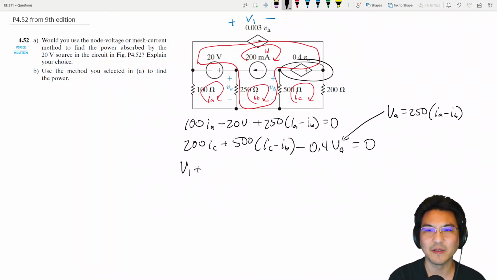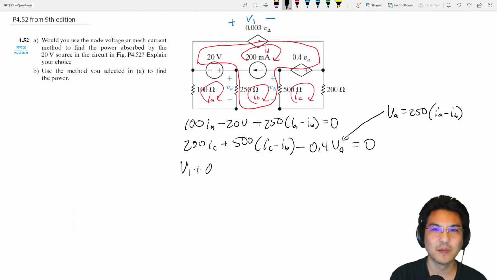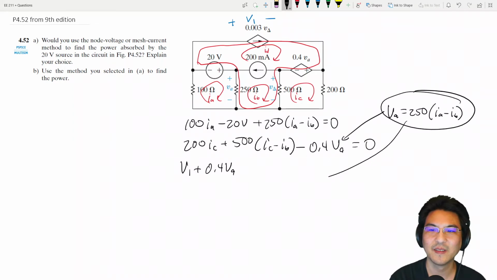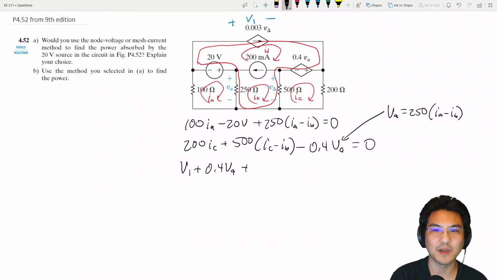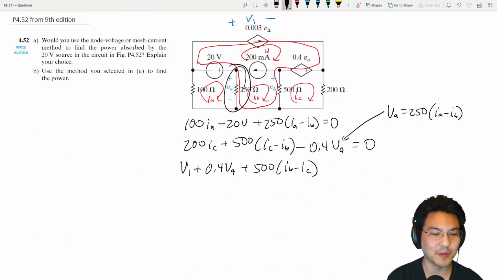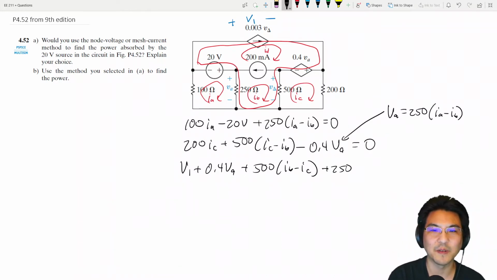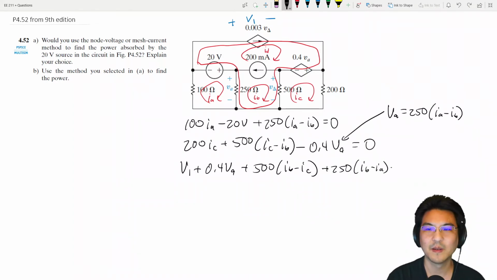Plus, now we're going this way, 0.4 VA, and then again, VA is this. That goes there. And then going this way, plus 500 (IB minus IC), and then going up this way, plus 250 (IB minus IA), and then now going this way, plus 20.